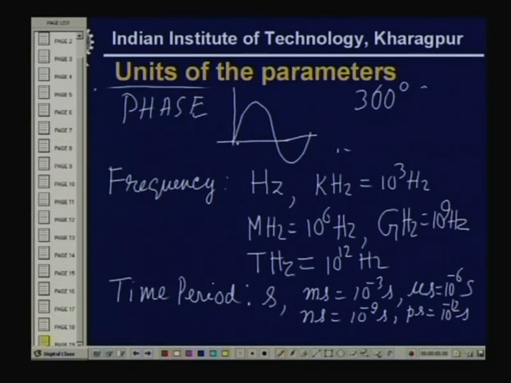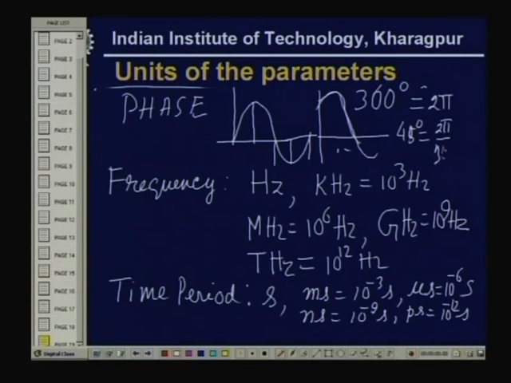From here to here, this is 90 degree, this is 180 degree, this is 270, this is 360, or we can express it in radian, in which case it is 2 pi. Suppose the phase has been shifted and the other signal is like this, that means the phase is about 45 degree, which can be written as 2 pi by 360 into 45 in radian.